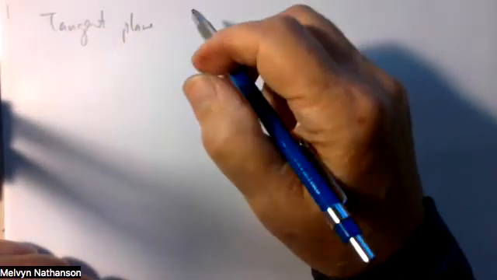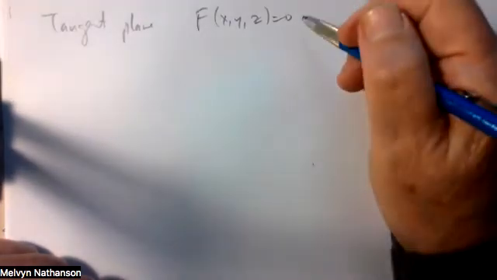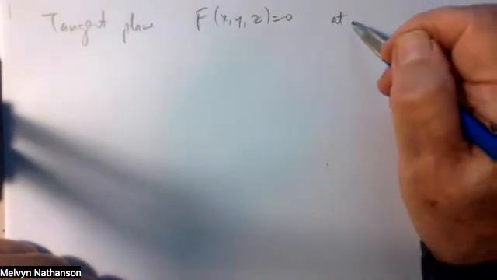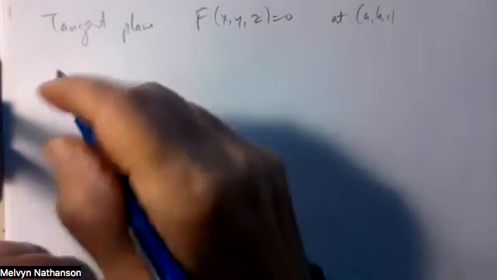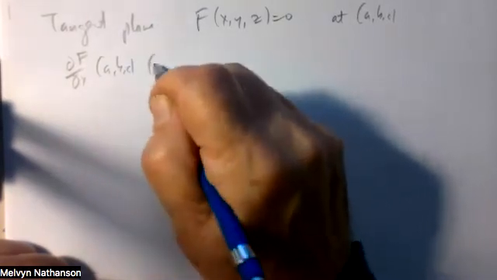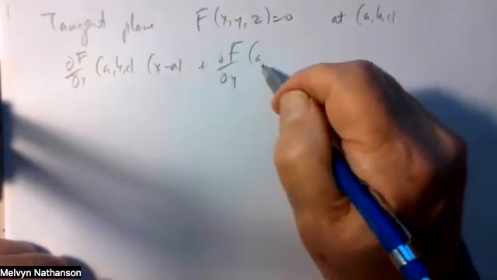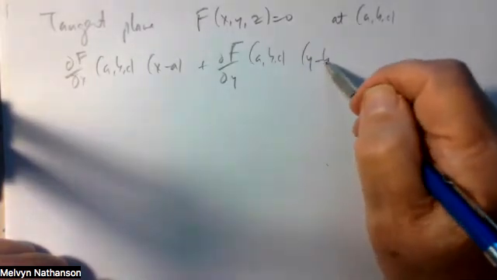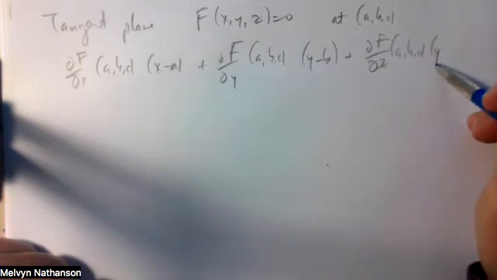If you have the surface f of x, y, z equals 0, the tangent plane at the point a, b, c is given by the partial of f with respect to x at a, b, c times x minus a, plus the partial of f with respect to y at a, b, c times y minus b, plus the partial of f with respect to z at a, b, c times z minus c, equals 0.